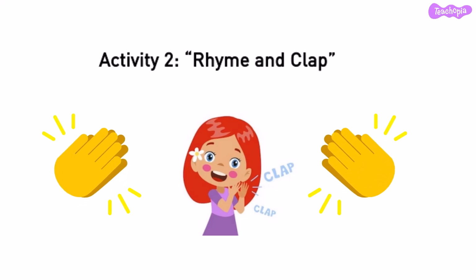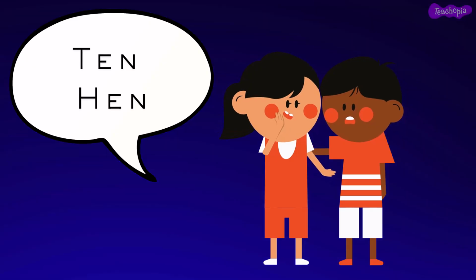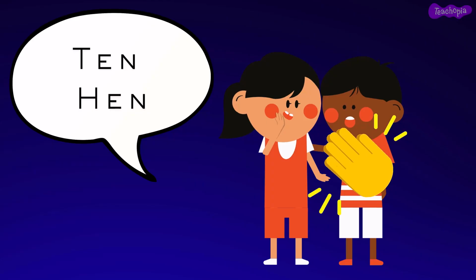Activity 2. Rhyme and clap. This is a fun activity where learners can be put into groups or pairs. Here, when one learner says a pair of rhyming words such as ten and hen, the other learner or learners clap.